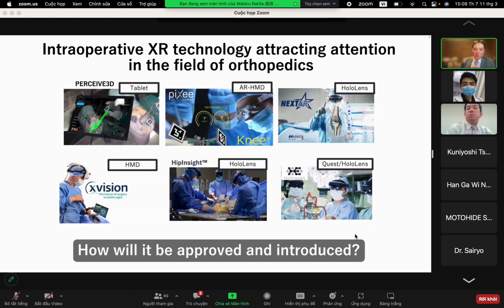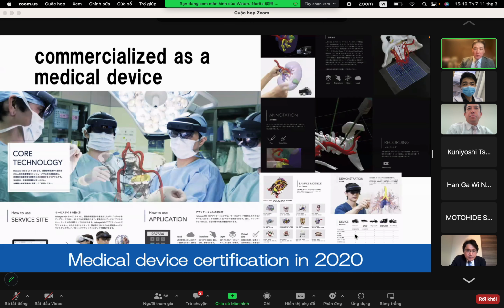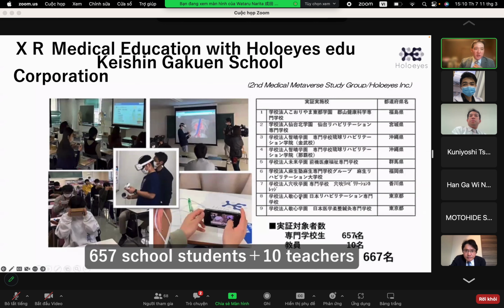Now many XR technologies are currently available here, and they will be approved and introduced. This figure shows the device development stage. Our group has now successfully developed an XR medical education system.